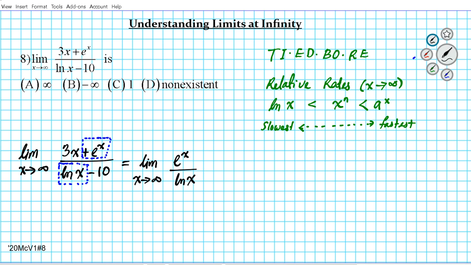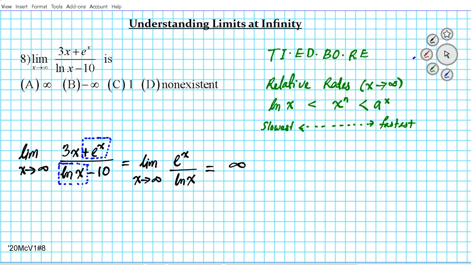All right, so we'll go ahead and take a look at this situation right here. Which one grows faster? e to the x is so much faster than ln x. So this is kind of like a top-heavy scenario. And if it's top-heavy, it's going to be plus or minus infinity. But since they're both positive, in this case it's automatically going to be infinity.